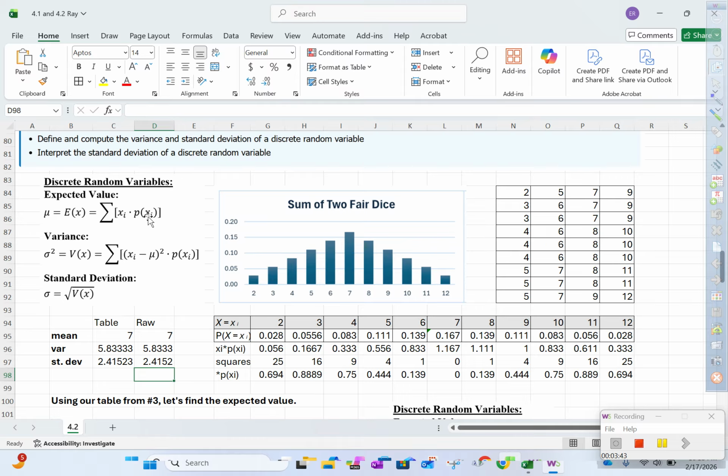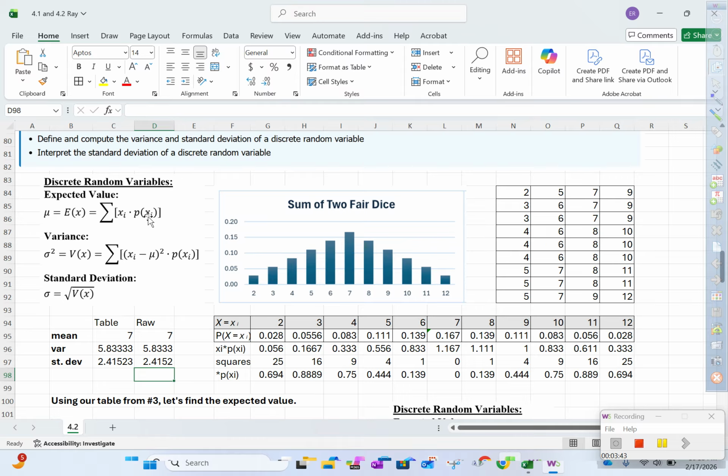Okay, so we don't have to divide in this formula because it's already built in. So it says take x, which is our numbers 2 through 12, multiply it by the probability. Okay, so that's what this one is here, if you notice. It's just the product, that times that. And you can just use the times sign. You don't have to use the equal product. Drag it on over. And then after that, to get the mean, you just add up that row or column.